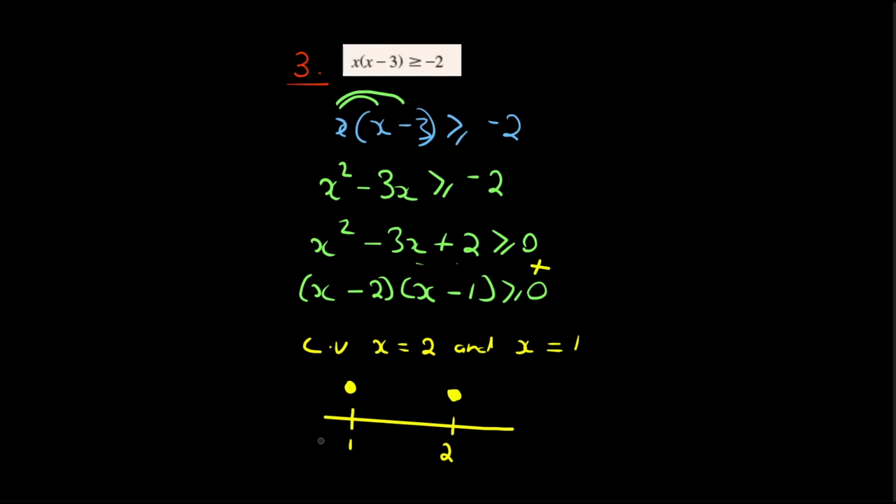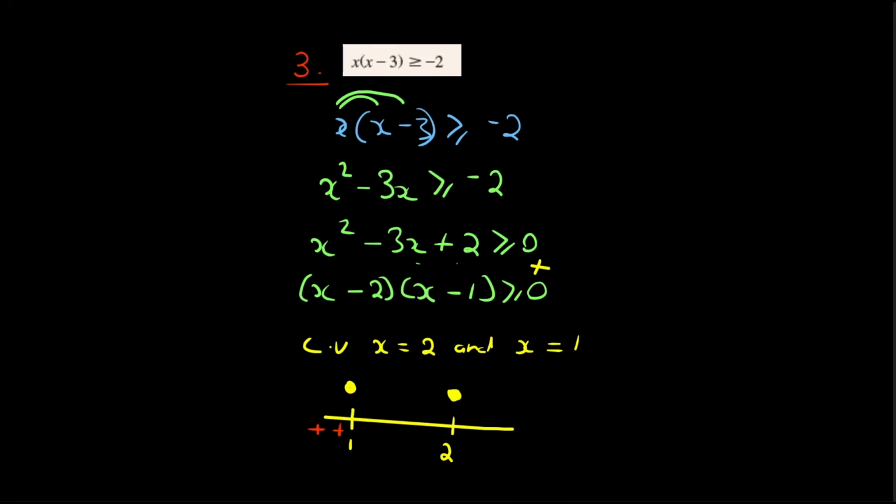So we go ahead and substitute values for x. On the left of 1, we can substitute 0. If we substitute 0 for x, what do you get? You will get a positive number, and that number is +2.